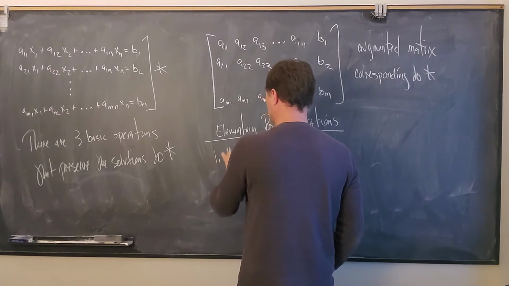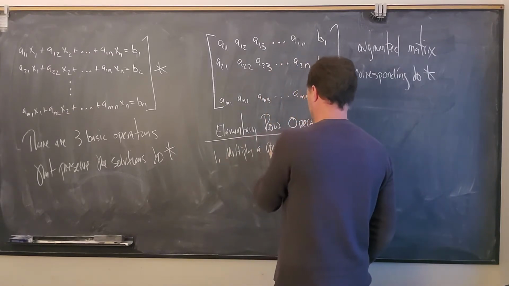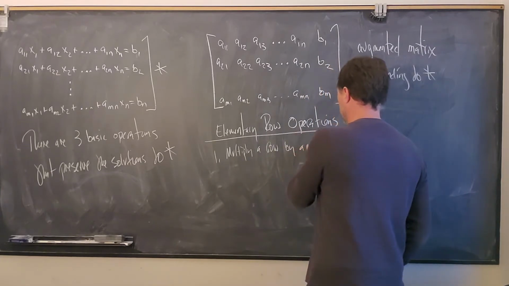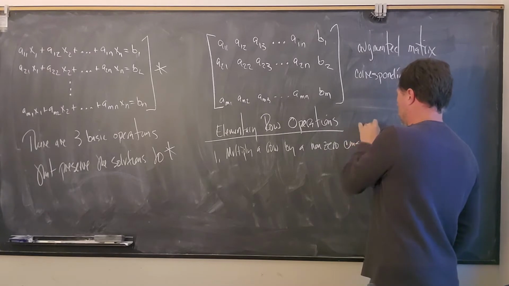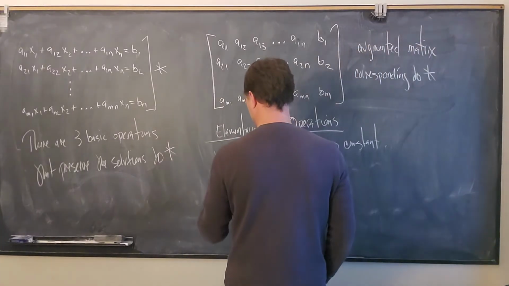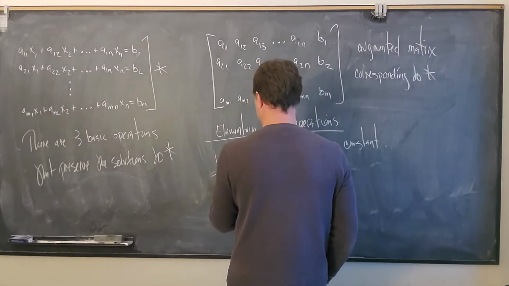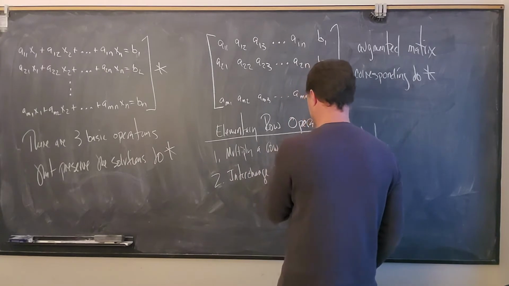The first one, multiply a row by a non-zero constant. The second one, interchange two rows.